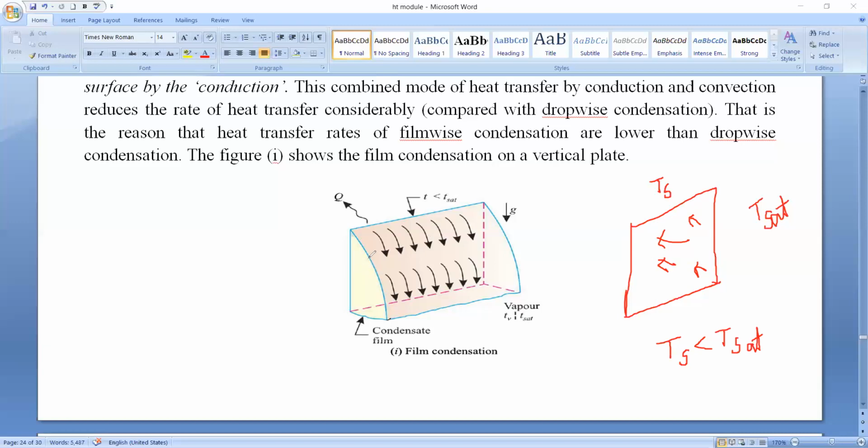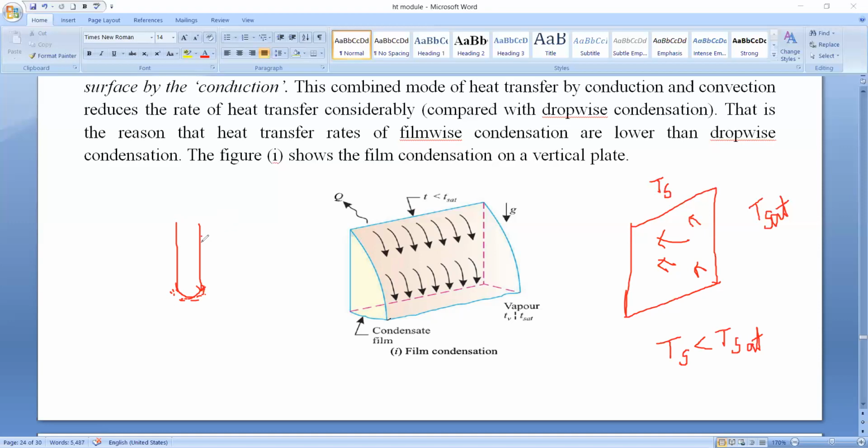Now the liquid which is formed, in the form of condensate, flows down because of the influence of gravity. That's why you can see some water around the surface or at the bottom of a cool drink bottle after a few seconds when you take it out from the refrigerator.